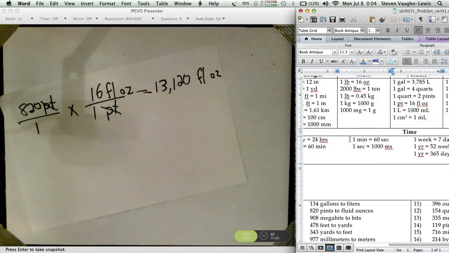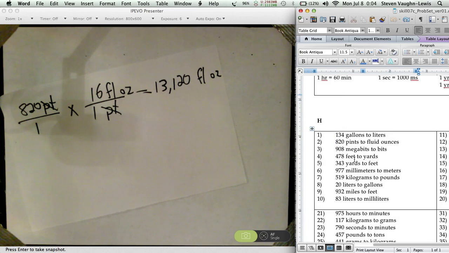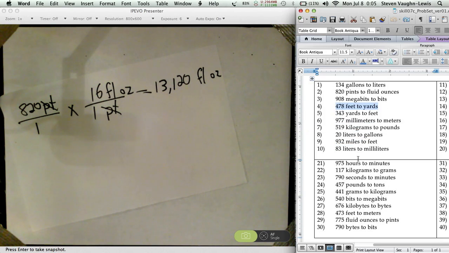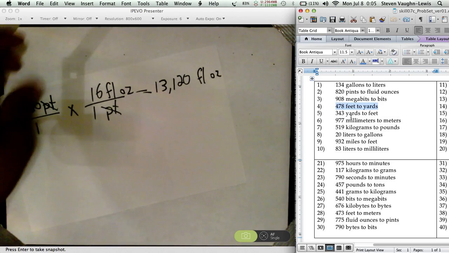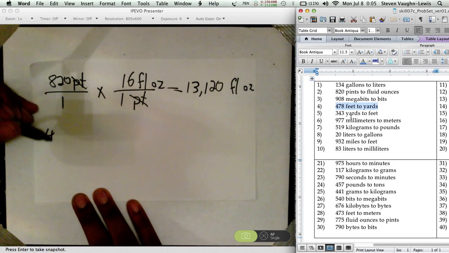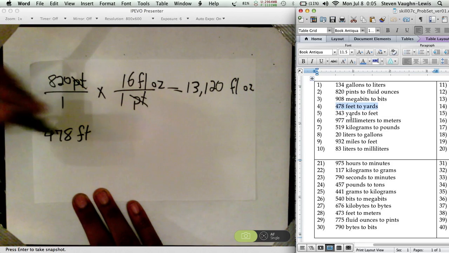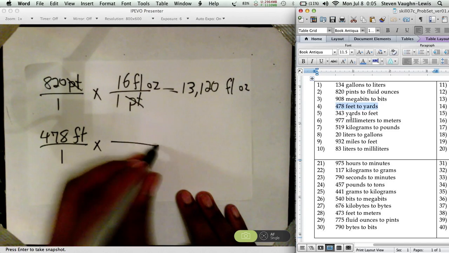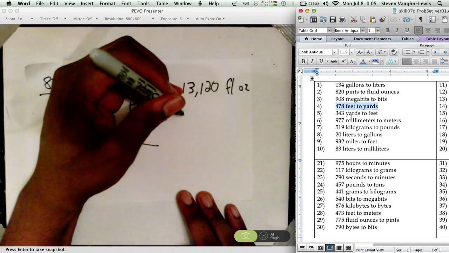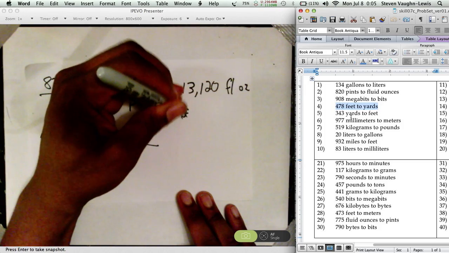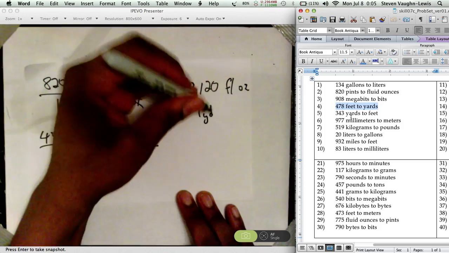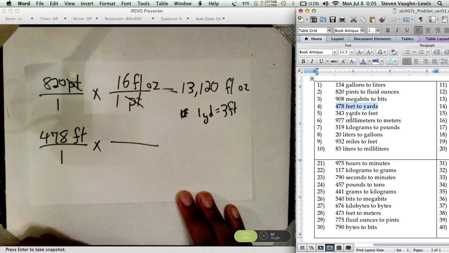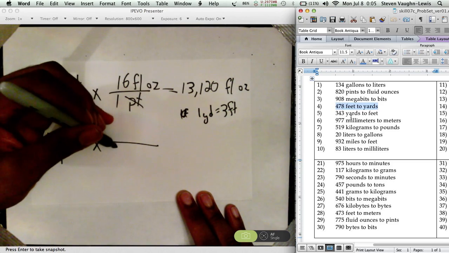Let's look over here and solve, let's see, feet to yards. Let me find a good one. Yeah, feet to yards, 478 feet to yards. Okay, 478 feet to yards. Turn into a fraction, multiply by a conversion factor. I know that 1 yard equals 3 feet. So I'm going to put feet on the bottom.